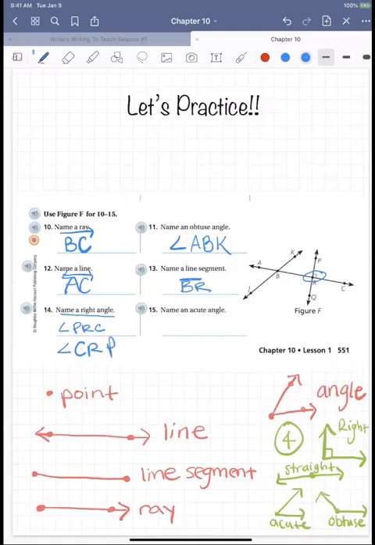Okay. And then lastly, they're asking me to name that acute angle. I know that acute angles are smaller than that 90-degree angle. So I'm going to go with angle KBR, because that space inside is smaller than a right angle. So angle KBR.